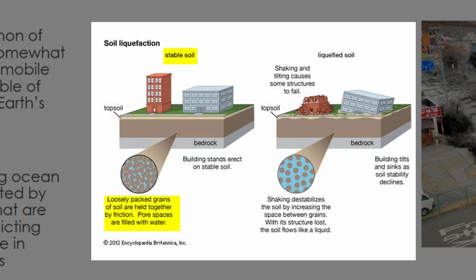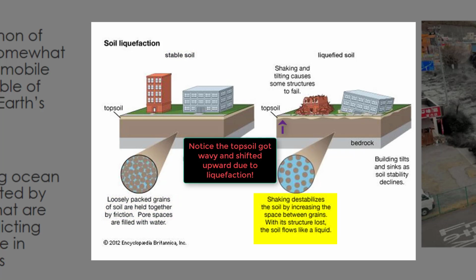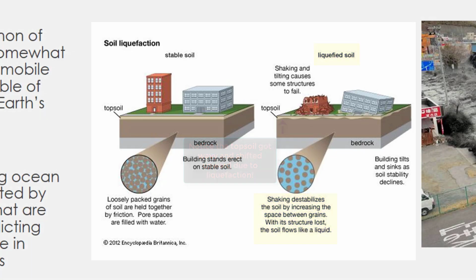Before the earthquake, we have stable soil. But during an earthquake, the shaking will destabilize the soil by increasing the space in between the grains. And when that destabilization occurs, the soil will act less like a solid and more like a liquid. Very obviously, if the soil is acting like a liquid, that's bad news for the building standing atop the soil. And liquefaction can often cause significant building damage during earthquakes.